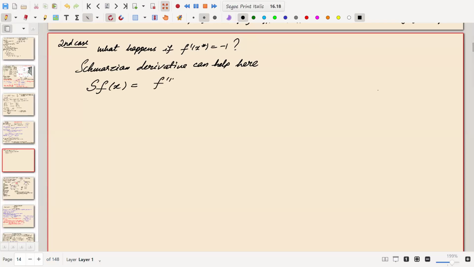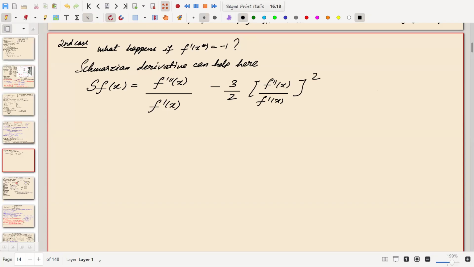It is given by the triple derivative at x divided by the single derivative at x, minus 3/2 times the double derivative divided by the single derivative at x, then you take the square. If it comes in the exam, this formula will be given to you. I don't expect you to remember this formula. So this is the Schwarzian derivative.